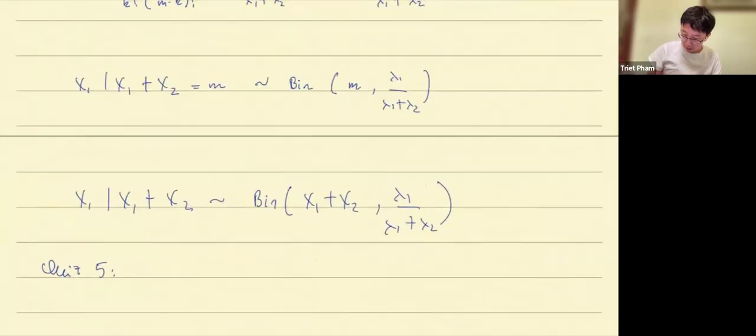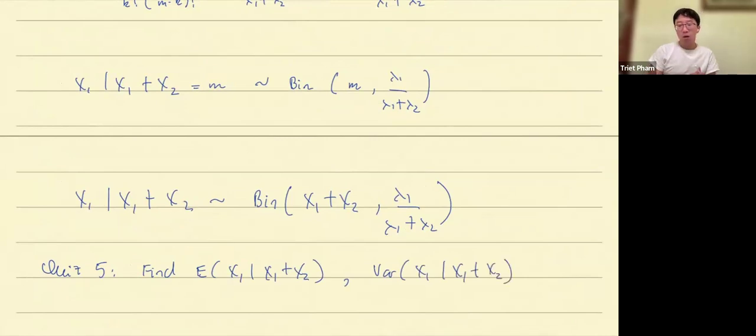Find the conditional expectation. And I will drop the equal to m, because that's what we're moving toward anyway, so might as well skip it. But here, let's also write down the conditional variance.